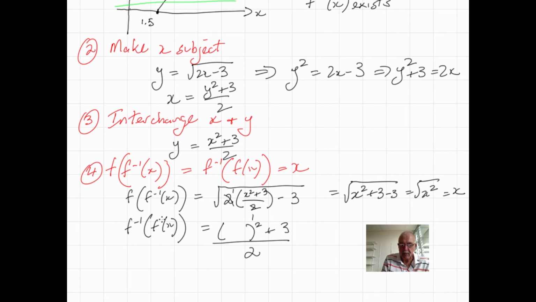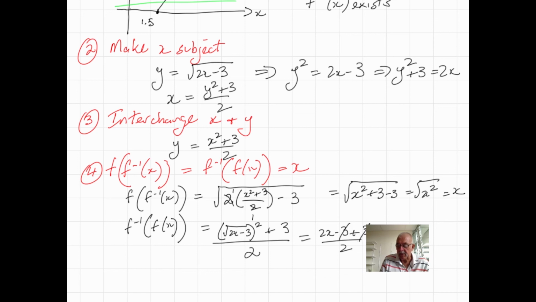What is the something? f of x. What is f of x? The square root of 2x minus 3. When we square the square root, we get back to the original, so we've just got 2x minus 3 plus 3 all over 2.